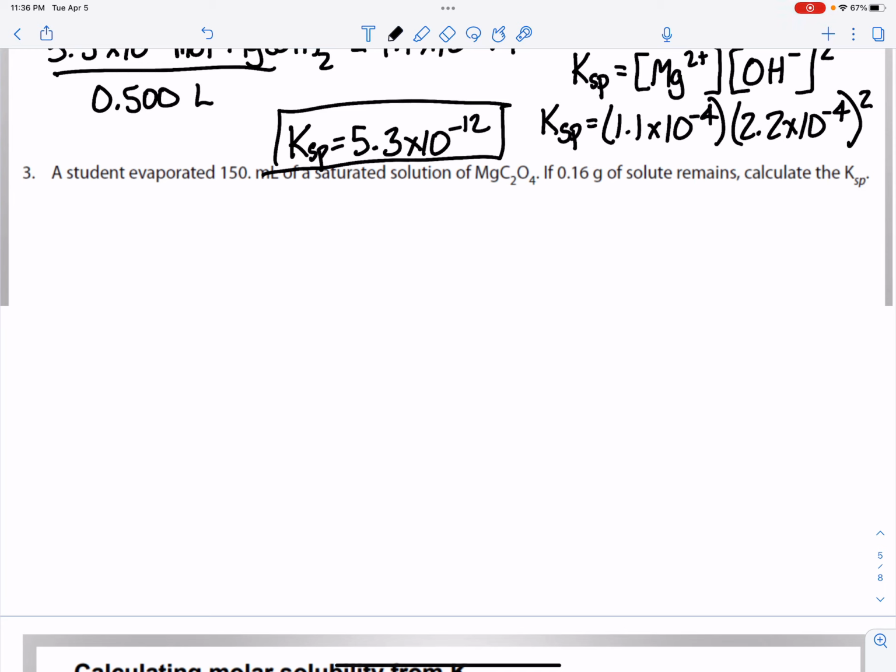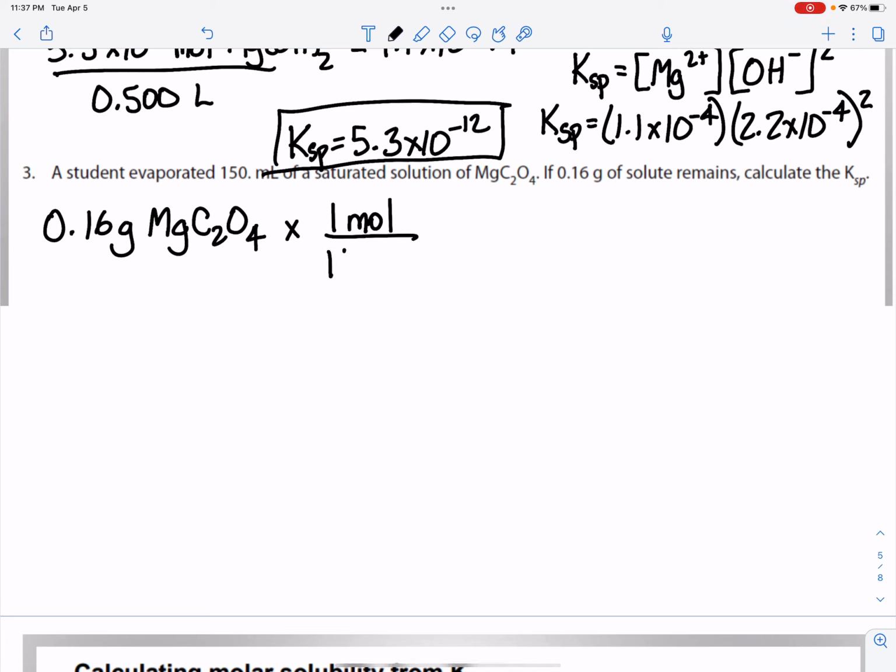So again, we're going to calculate molar solubility from there. I'm going to take 0.16 grams of MgC2O4, magnesium oxalate, and turn that into moles. So I've got 1 mole, and I'm going to look at the periodic table and add up the molar mass. I get 112.3 grams per mole.